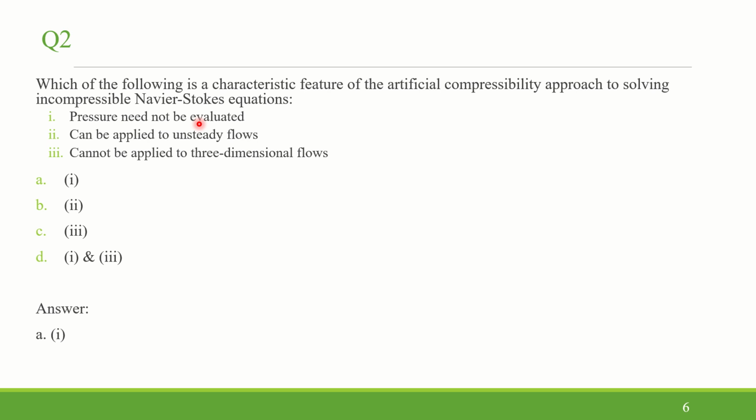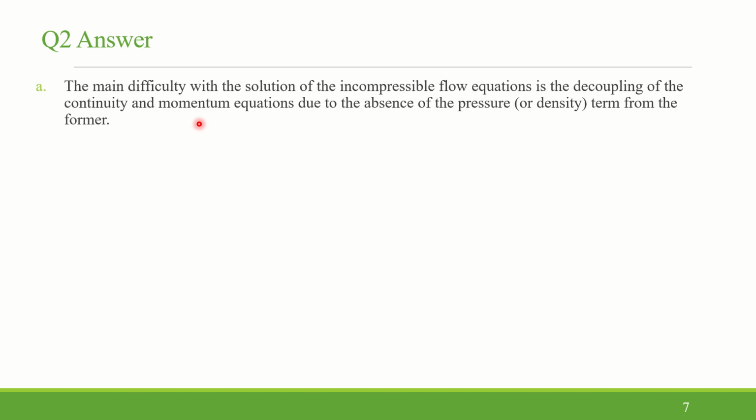So now we will see what is artificial compressibility approach. So basically, when we are talking about incompressible flow system, what is the major issue is that we have continuity equations and we have momentum conservation equations.